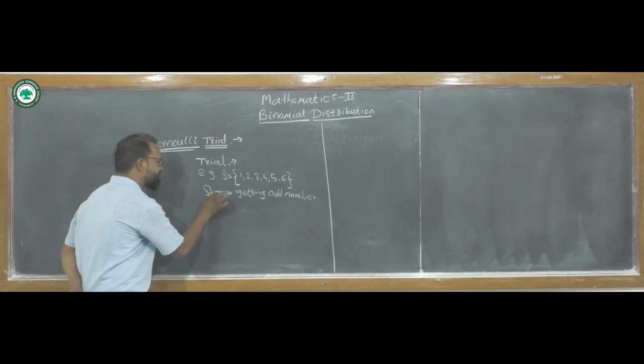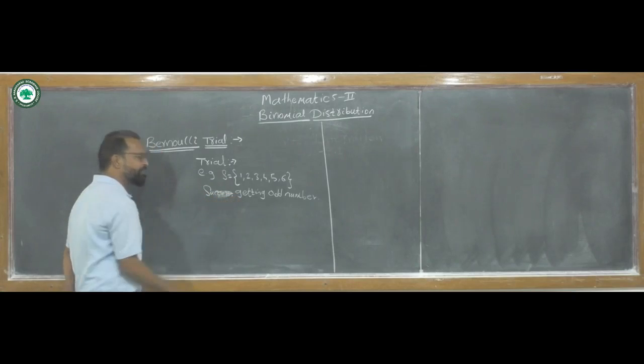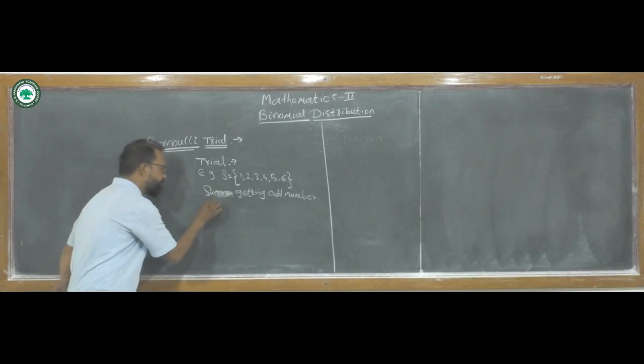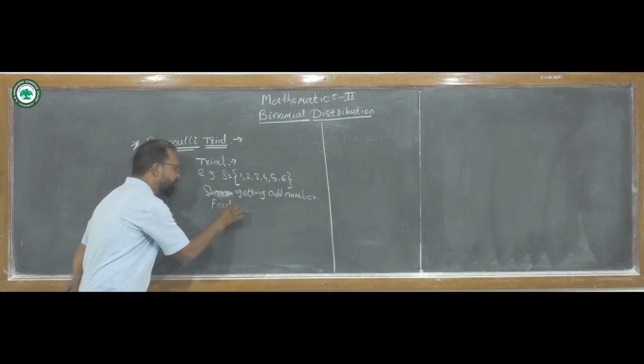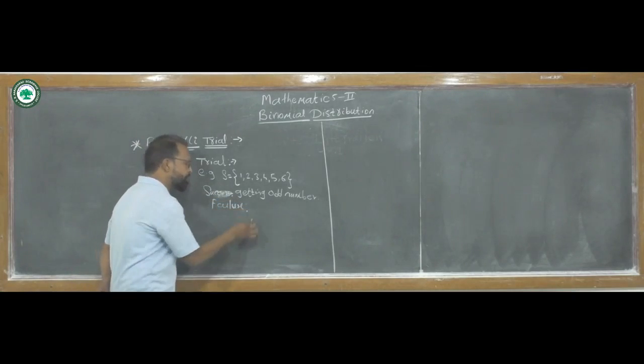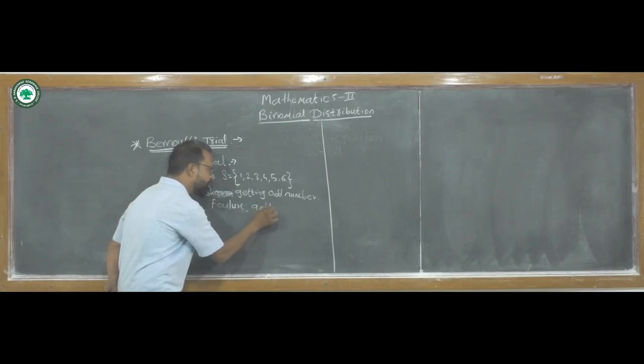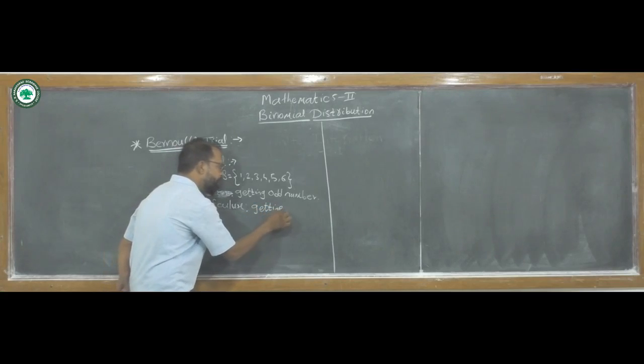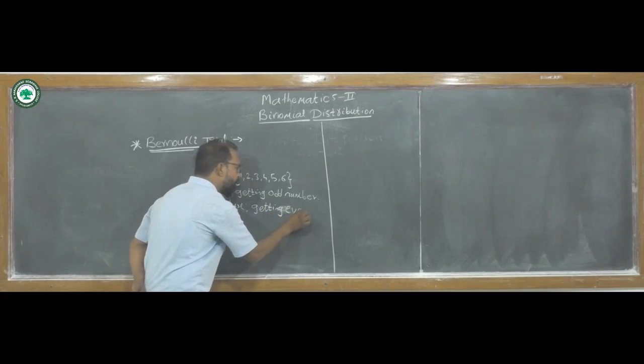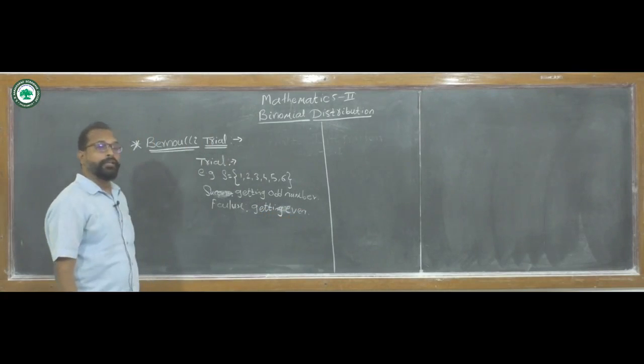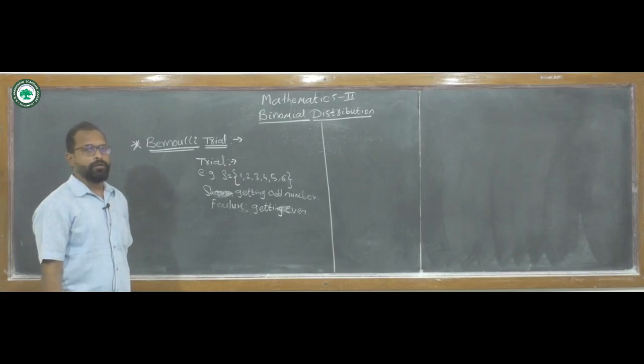Suppose it is the success, then what will be the failure? The second one, failure, becomes getting an even number, or you can say getting a non-odd number.